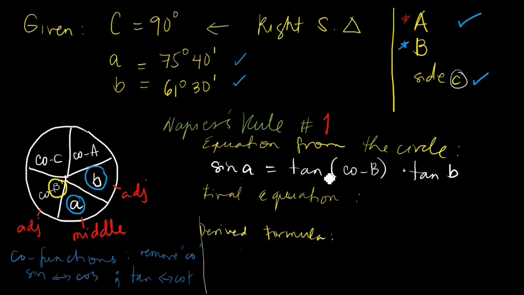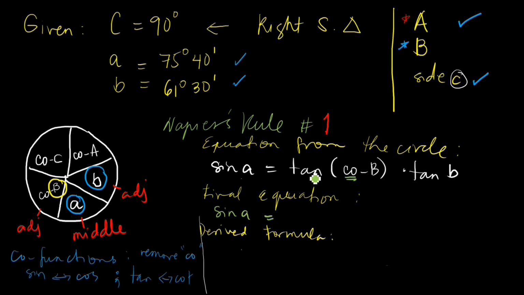You can just write it simply as tangent of the complement of angle B tangent of B, because it is already understood that it is multiplication. Next, for the final equation, we need to remove the CO. On the left, sine A doesn't have a CO, so we're just going to copy it.